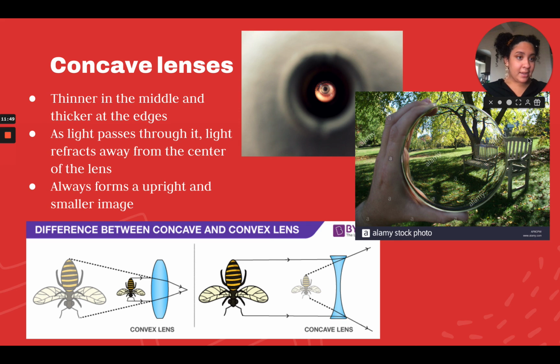As you can see, this part of the bench is closer than the actual image of the bench in the concave lens. That's because it's producing a smaller image, making it look further away. Another instance of a concave lens is a peephole. When you look in a peephole, people look a lot smaller than they actually are, right? That's because of that concave lens.